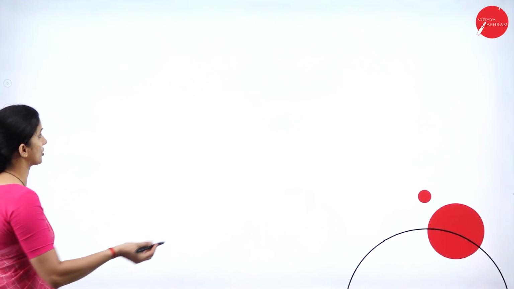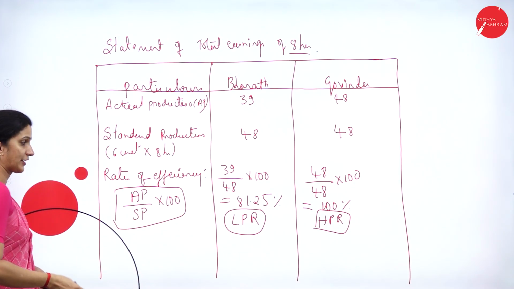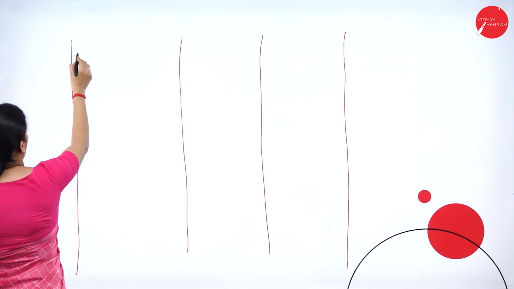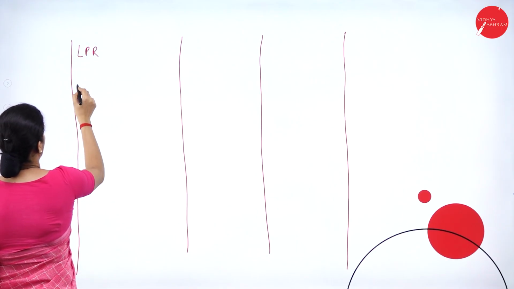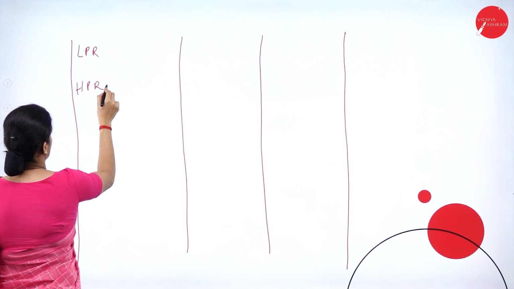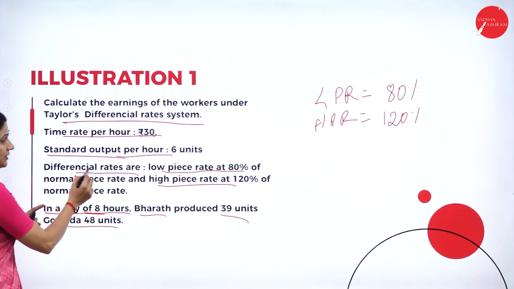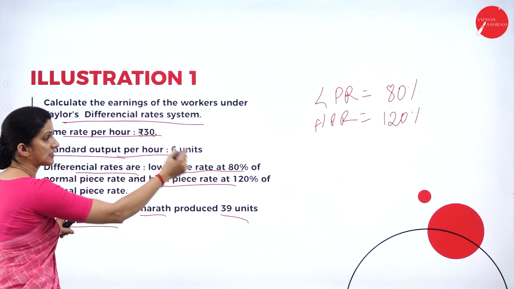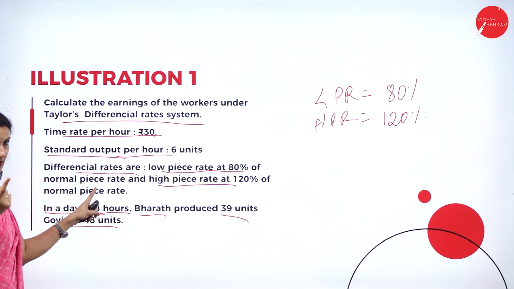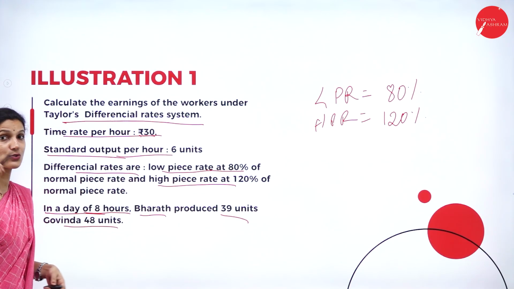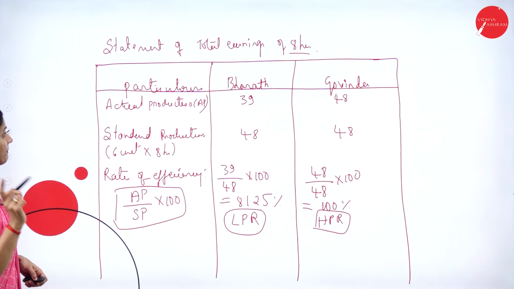Next, after getting the rate of efficiency, we need to calculate what is the low piece rate and what is the high piece rate. See here in the question, the differential piece rates applicable are: low piece rate is 80% of the piece rate, and high piece rate is 120%. So that we need to apply here.